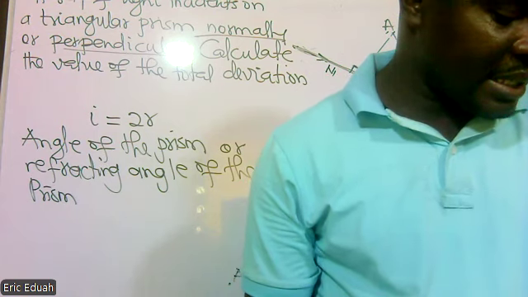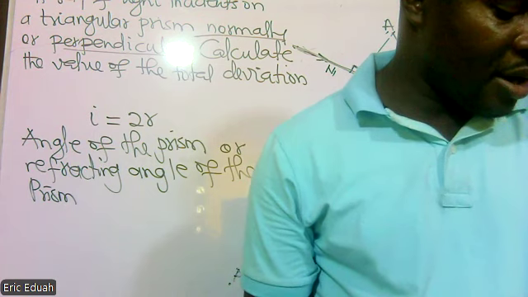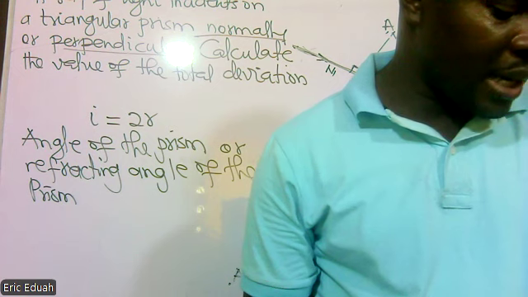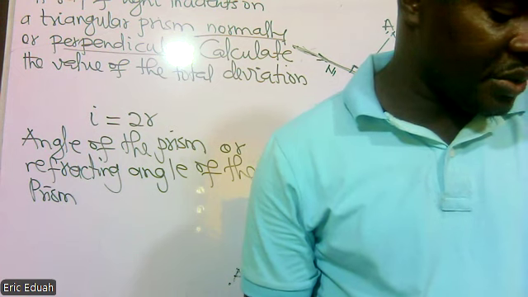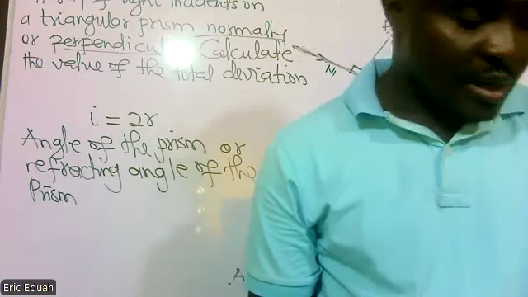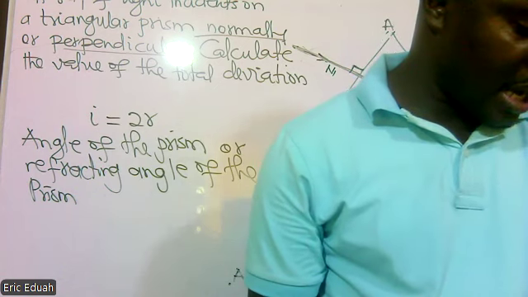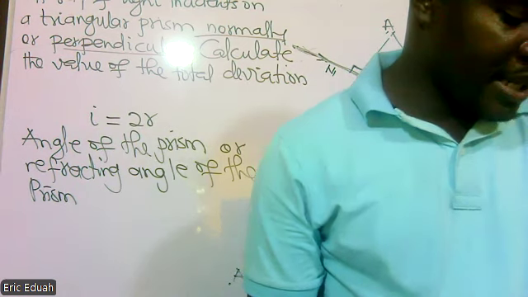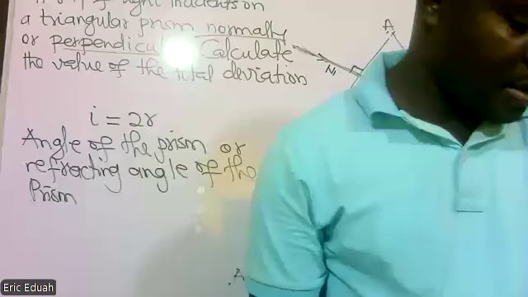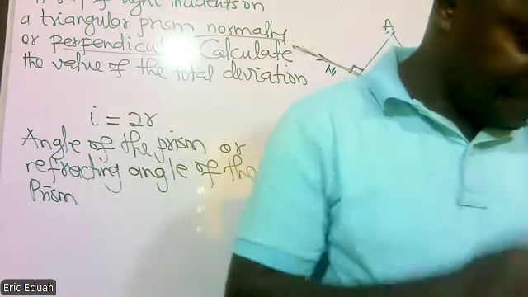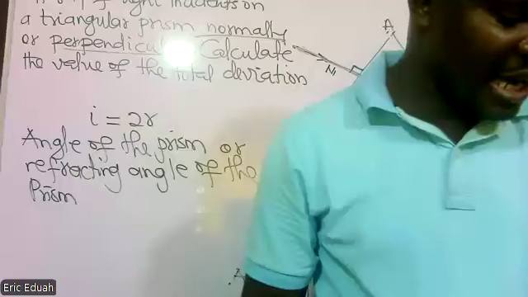It is found that the angle of incidence is double the angle of refraction within the prism. What is the angle of the prism, or what is the refracting angle of the prism?